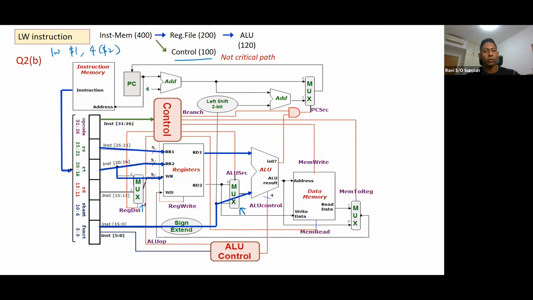Okay, so again, why is that so? Why is it not included? So the first thing is this first multiplexer here, this register destination. Why it is not included is because this multiplexer is to select which register I'm going to write back to, correct?